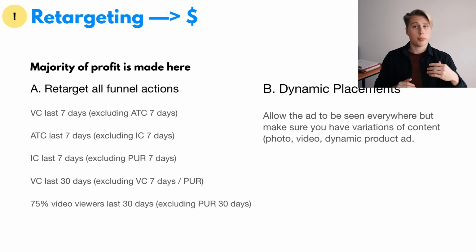So I would choose automatic placements or dynamic placements, which means Facebook will literally put the ad wherever they think it is best. The only thing here is you need to make sure you give Facebook the correct content. So make sure you give them the video, make sure you give them an image and all the different dimensions that they need.